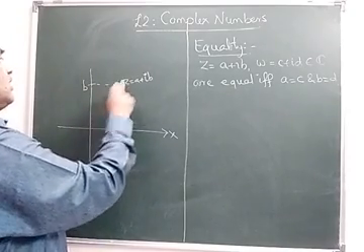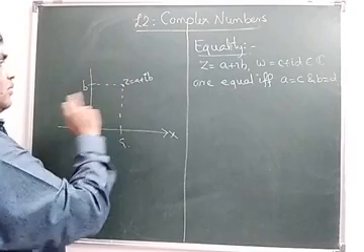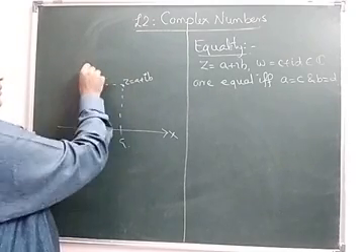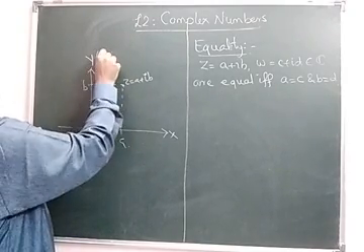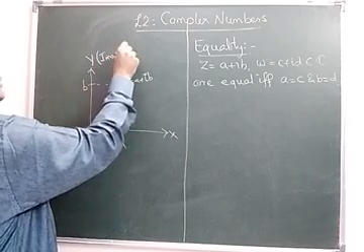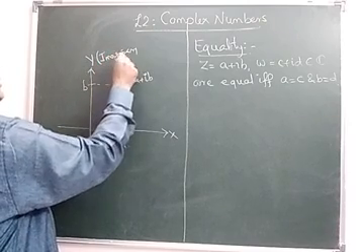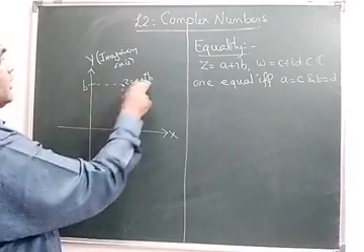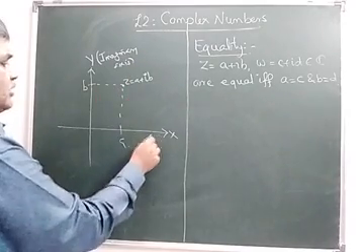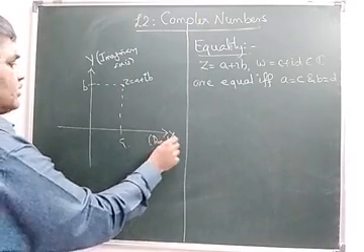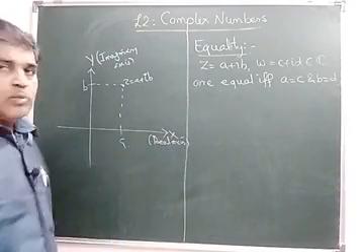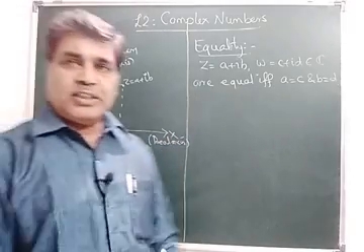So the complex number is represented by a point in a plane. We take the imaginary part on the y-axis, called the imaginary axis, and this is called the real axis for the complex plane. Actually it is your xy plane.